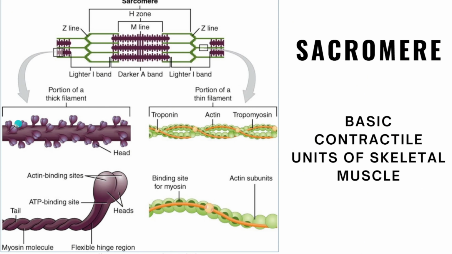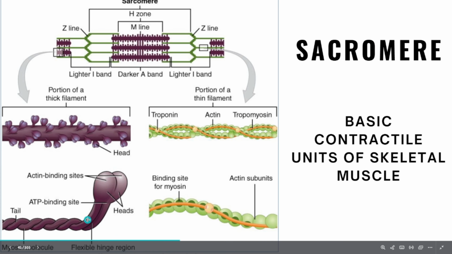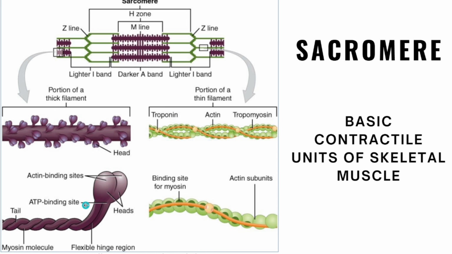Okay, so you can see here, this is a portion of the thick filament. Thick filament normally contains the actin binding site, ATP binding site, and myosin molecule. What is the actin binding site? What is the ATP binding site? If you see the term binding site, it means this is the place to bind actin.